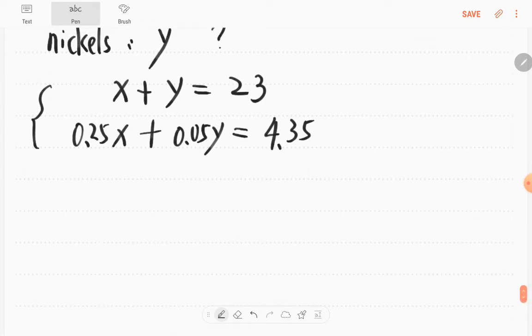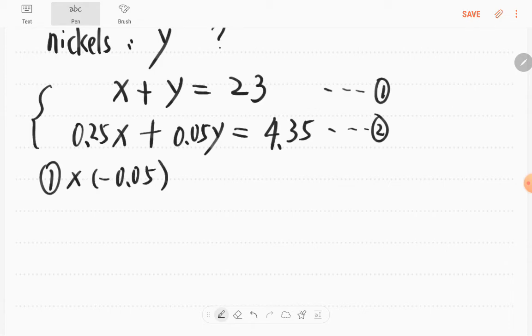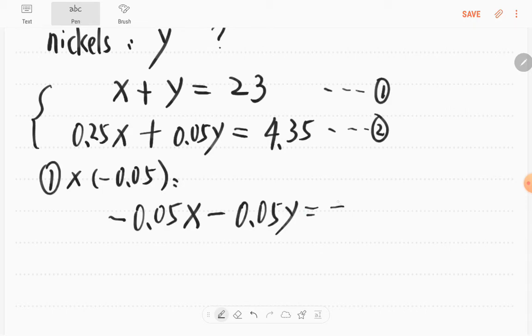If this is equation 1 and this is equation 2, we multiply equation 1 by negative 0.05 on both sides. So you have negative 0.05x minus 0.05y equals negative 1.15.